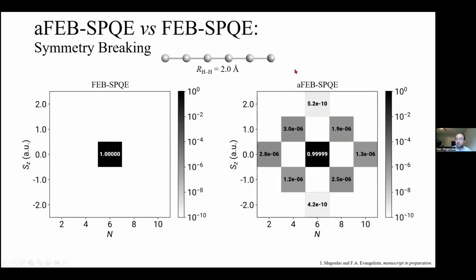When we go to our approximation, we see that 99.999% of the wave function has the correct symmetry properties, and there are various symmetry contaminants, but the weight is very, very small. So we're confident that at least for the systems that we have looked into, the symmetry breaking introduced by this approach is negligible.